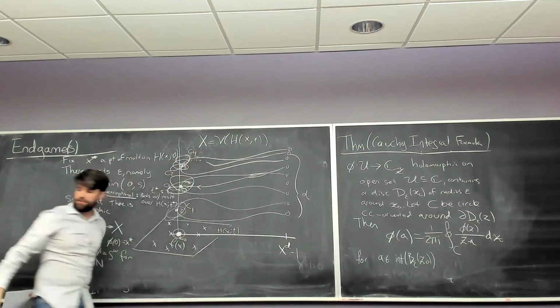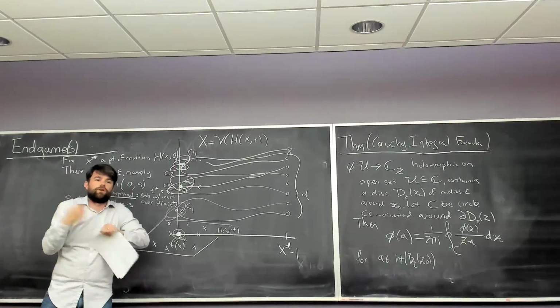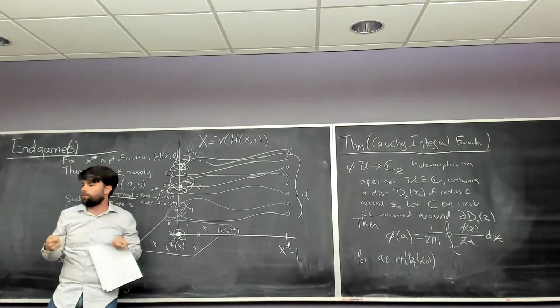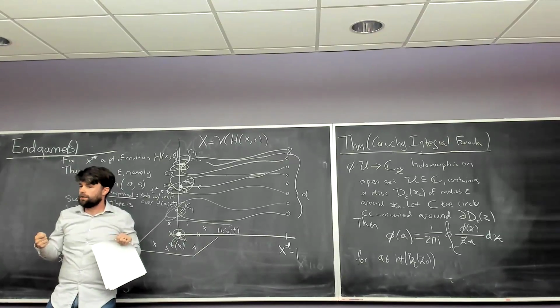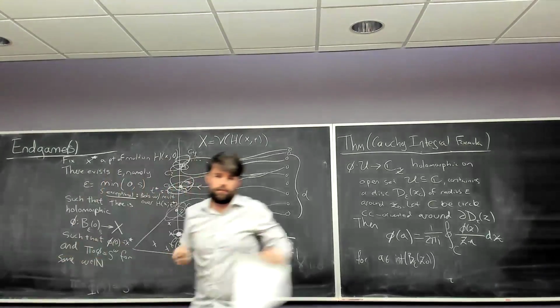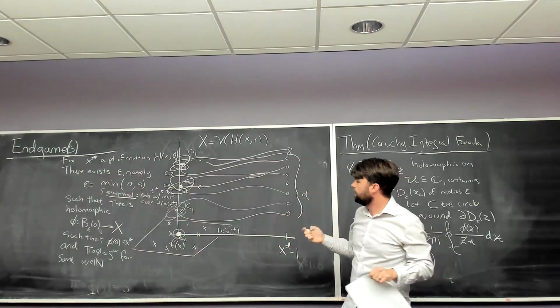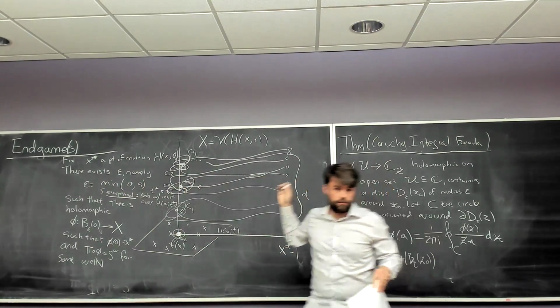So you're getting all these punctured disks, which have different numbers of going around. These are called winding numbers. But each one really is the image of a disk under a holomorphic map. And so we can apply the Cauchy formula.